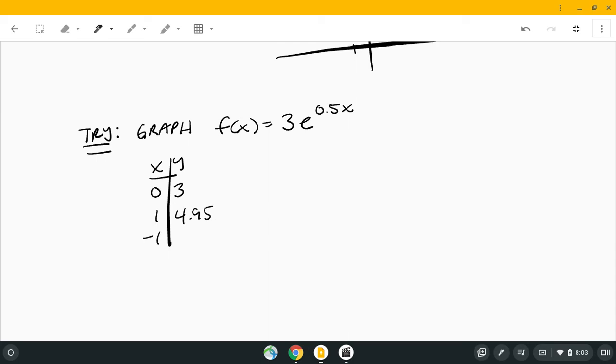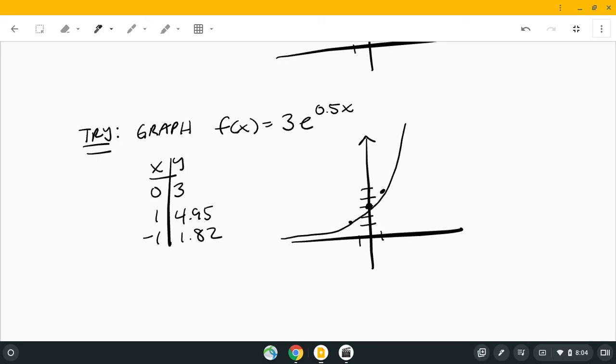For -1, I get 1.82. So (0, 3), (1, almost 5), (-1, 1.82). Okay. So we end up getting this graph.